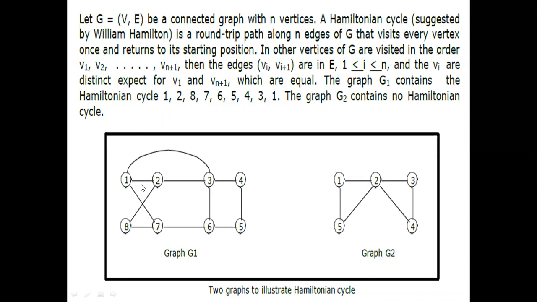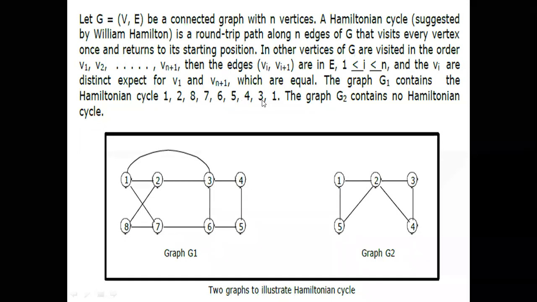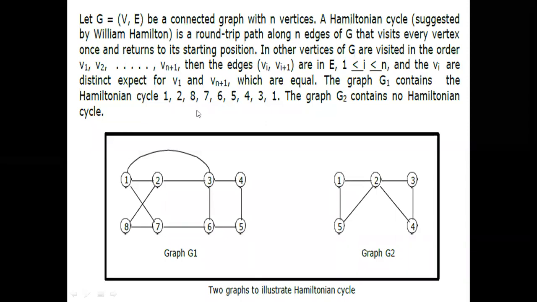So graph one has a Hamiltonian cycle. The solution is represented by x1 through x8: x1 equal to 1, x2 equal to 2, x3 equal to 8, x4 equal to 7, x5 equal to 6, x6 equal to 5, x7 equal to 4, x8 equal to 3.